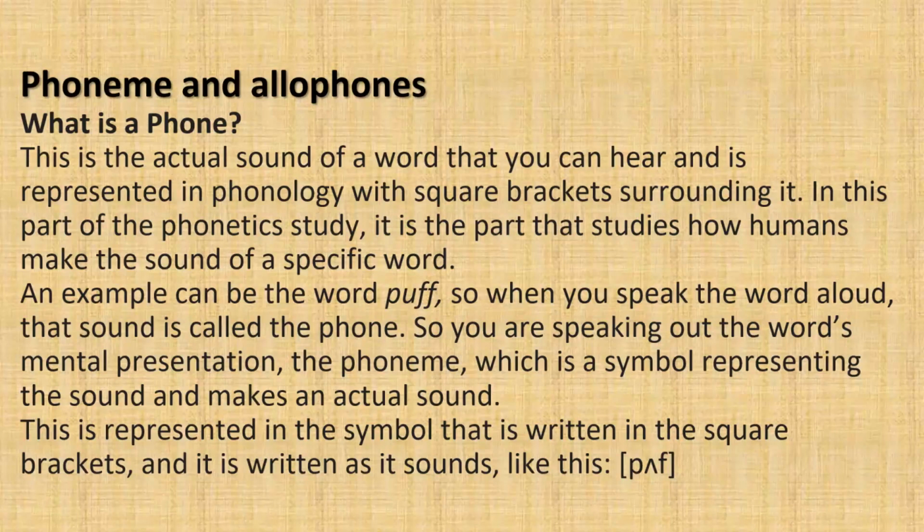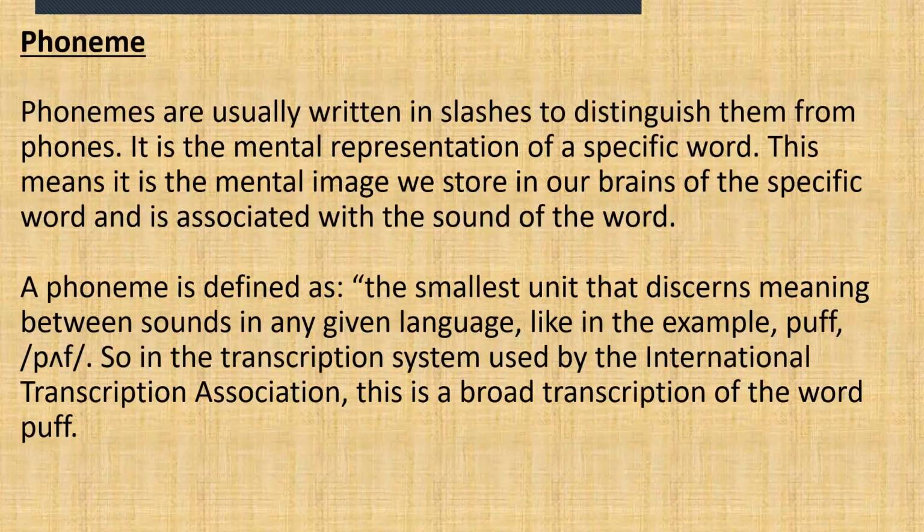This is represented in the symbol that is written in the square brackets, written as it sounds, puff. That is using IPA, International Phonetic Alphabet. Okay, we'll go to the next one. We'll come back once again, because if things cannot be understood in one explanation, we'll come back, no issue.